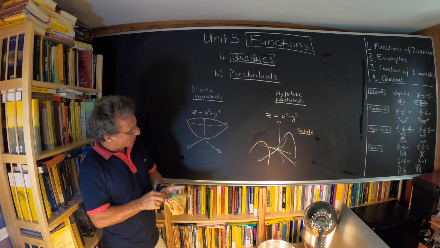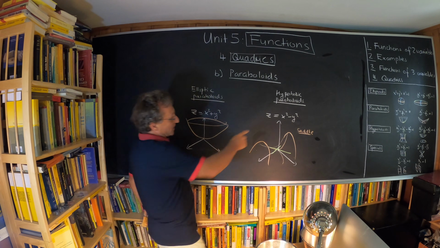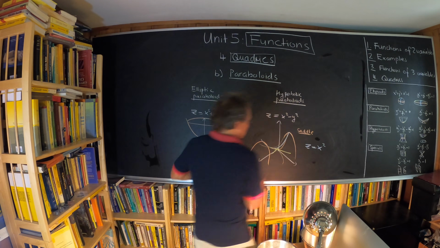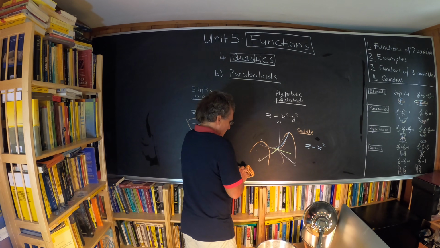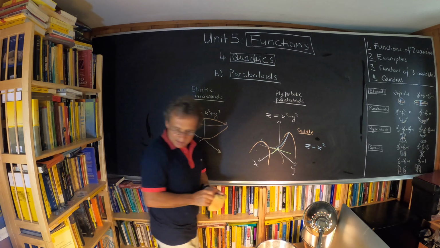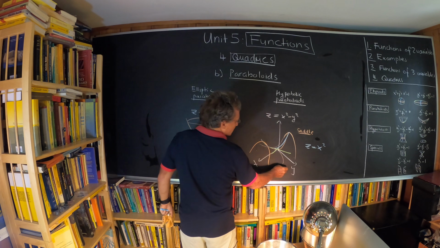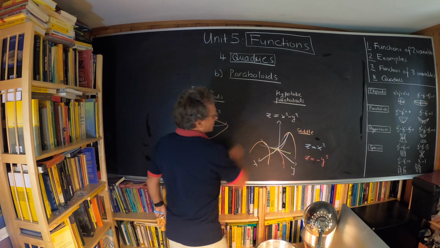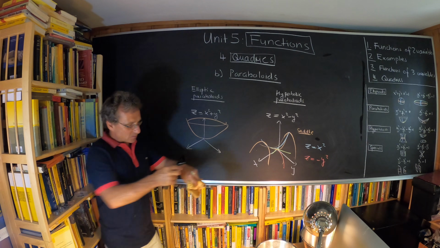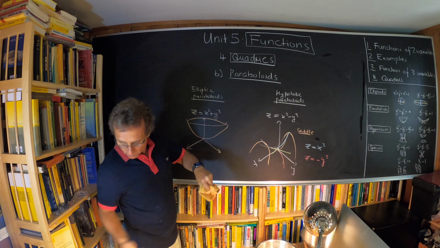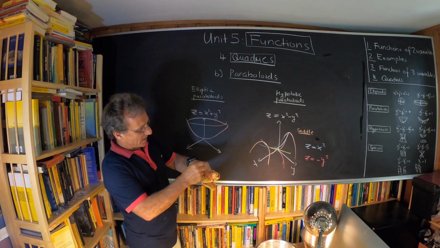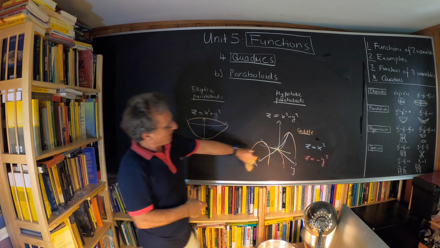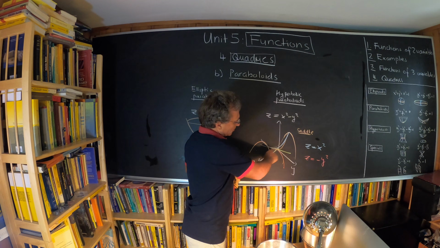And you can also draw the traces. z is equal to x squared, that's this trace here. That's a parabola. And then the other one is here, so this goes down. There is another trace, z is equal to minus y squared. That's the trace when x is equal to 0. So there is one way which goes down like that, and one way which goes up like this. So there are three different traces here: lines, parabola down, parabola up.